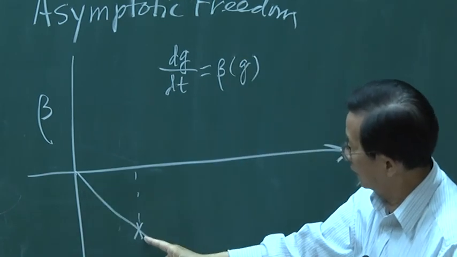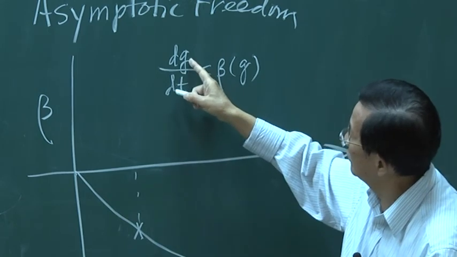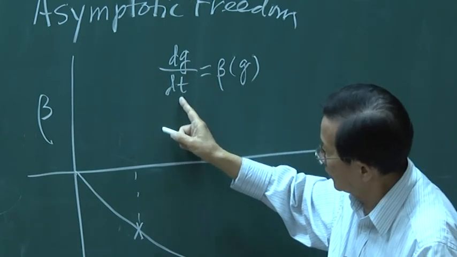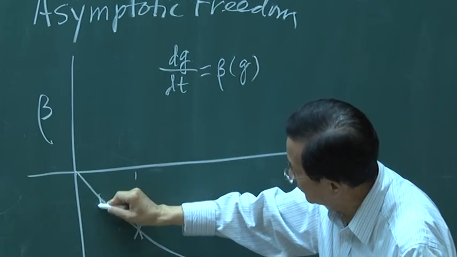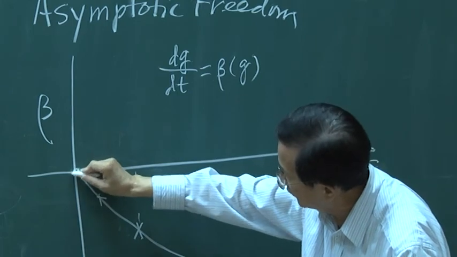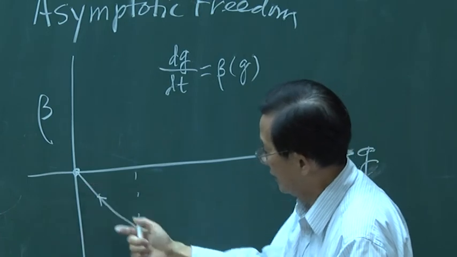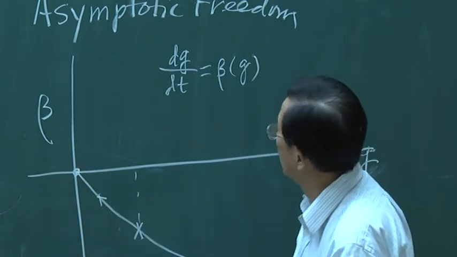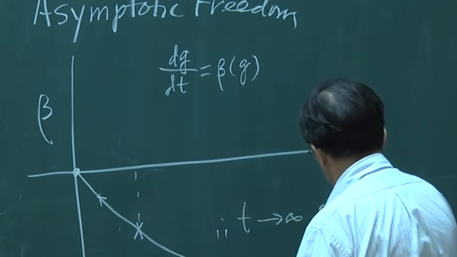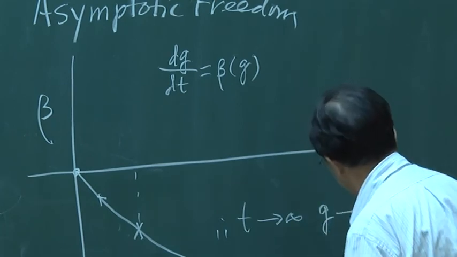Because the beta function is negative, so dg/dt is negative, and so g will decrease if you increase t. So the coupling constant will be driven in this way. And then eventually when t goes to infinity, it will reach this point. And this is the asymptotic freedom because the coupling constant approaches zero. Okay? So as t goes to infinity, g will go to g star, and that's equal to zero. So this is asymptotic freedom.